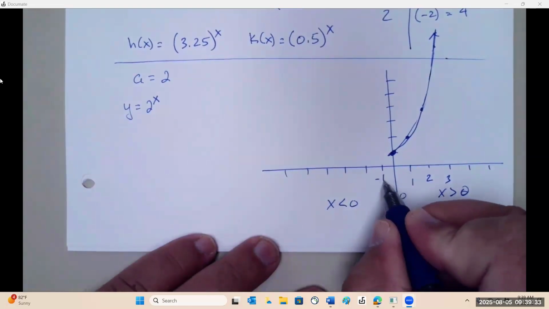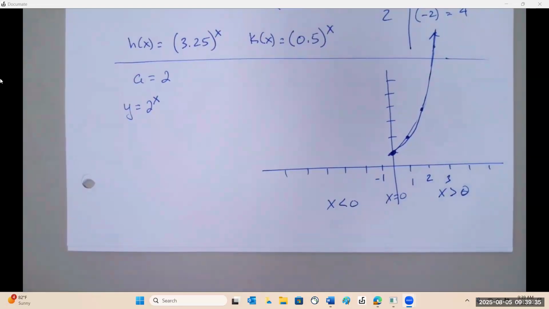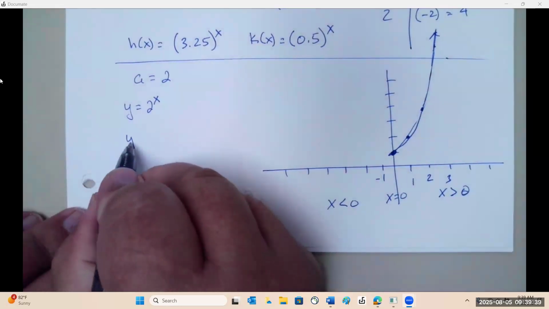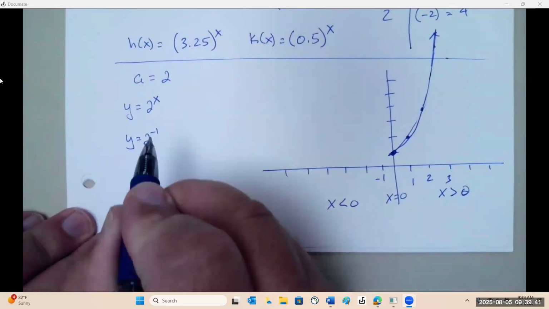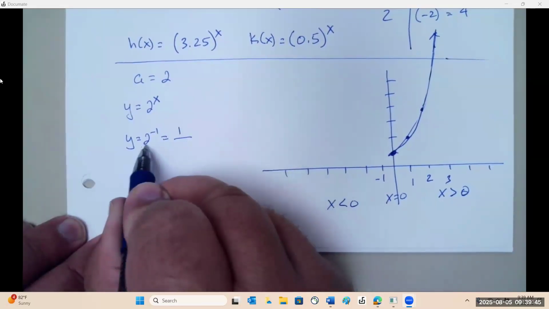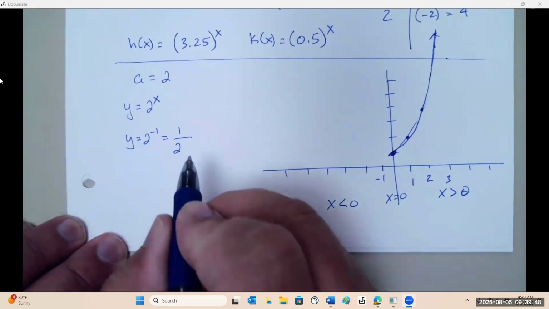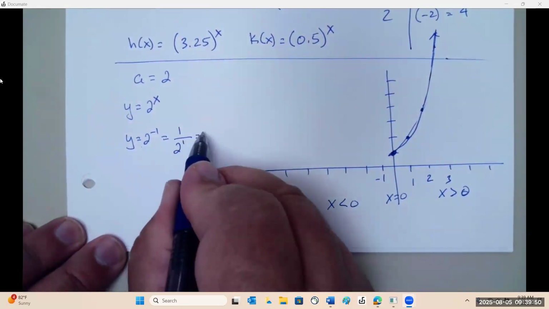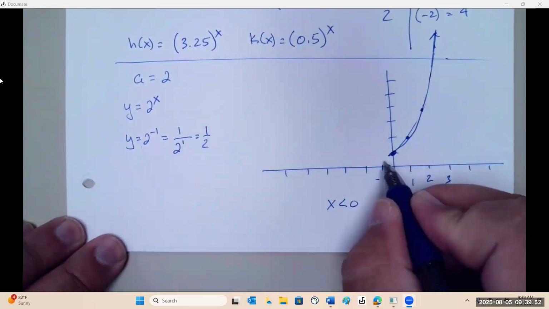When x is negative 1, what's the answer? So when y equals 2 to the power negative 1, the negative exponent simply means move it to the other side of the dividing line. So it equals 1/2.